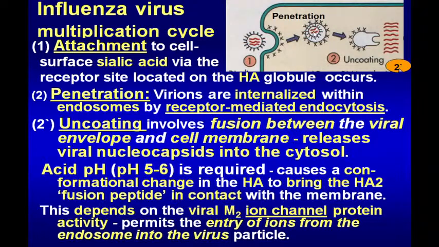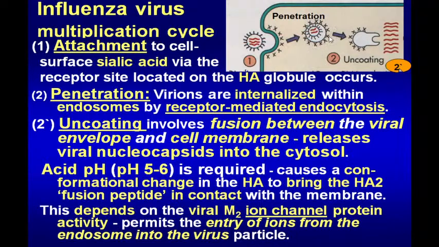But then the M2 protein mediates the uncoating of the virus. It is a membrane protein, and very low pH is required, which is obtained by the activity of the M2 ion channel protein, because it permits the entry of ions from the endosome into the virus particle.